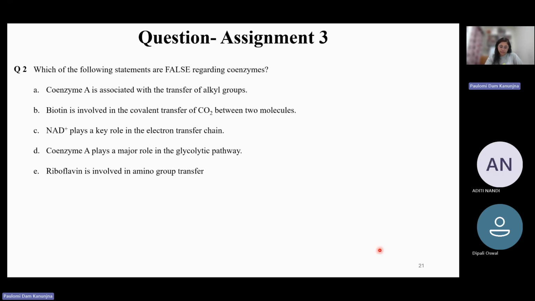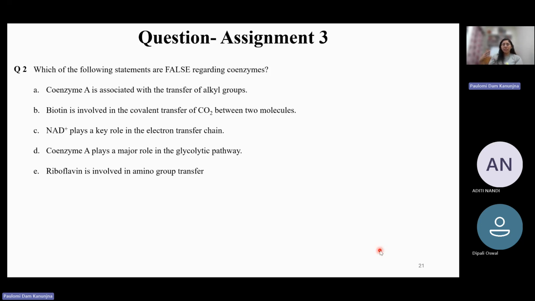This is about coenzymes. So you have to look into this.